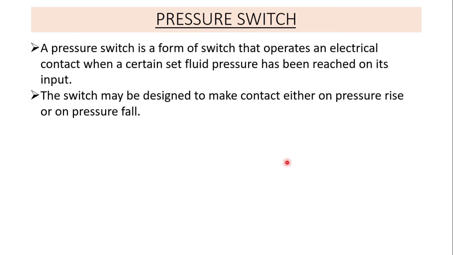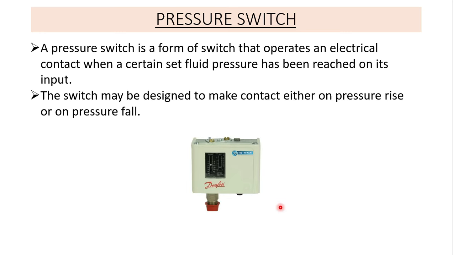These are the auxiliary contacts, which are normally open and normally closed along with a common point. The contacts operate on the basis of pressure rise and fall, according to the pressure. Here, as you can see, this is the view of the pressure switch.